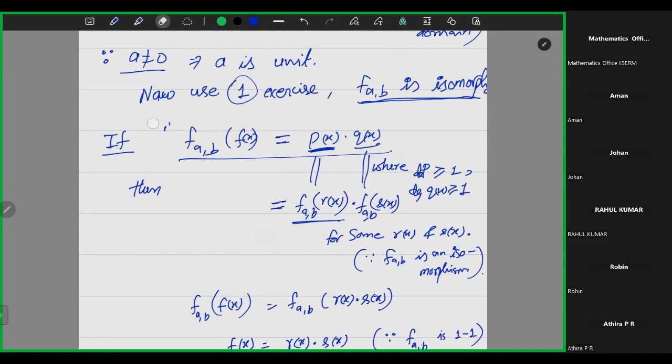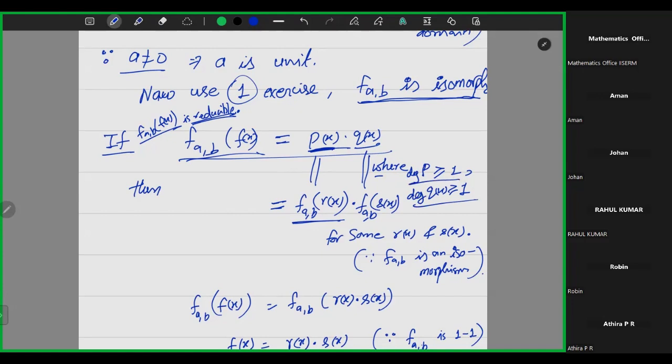sorry, if f_ab is reducible, then f_ab(f) can be written as this, and the degrees of p and q are bigger than or equal to 1.